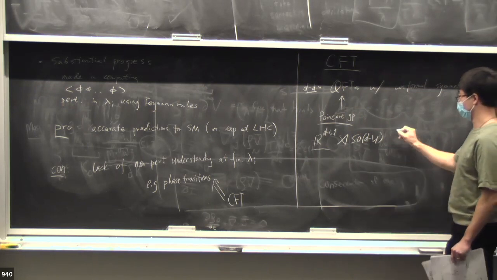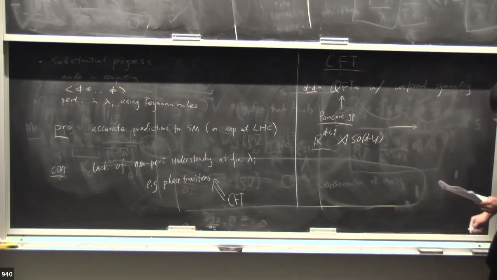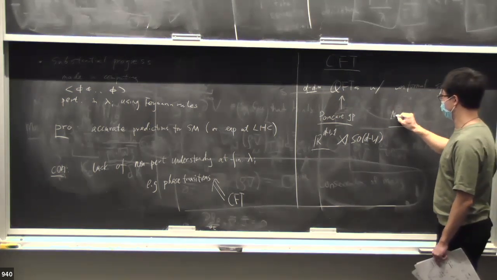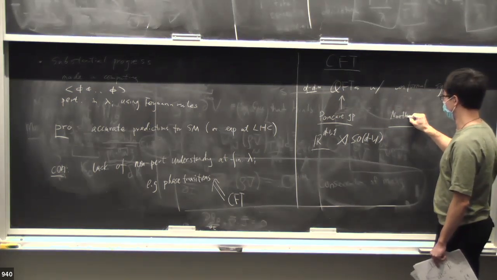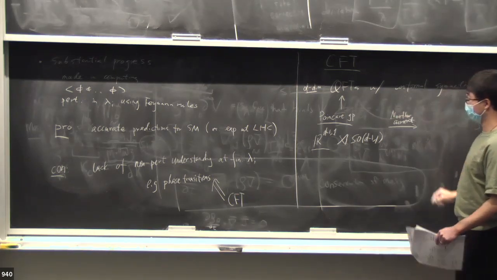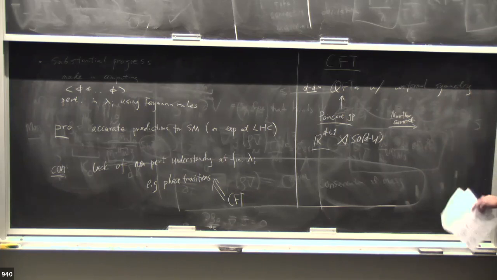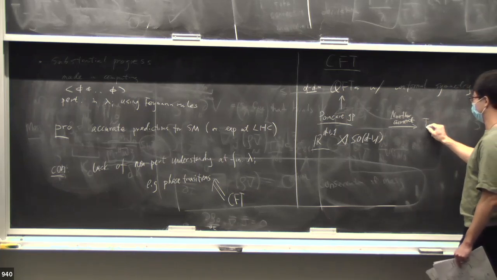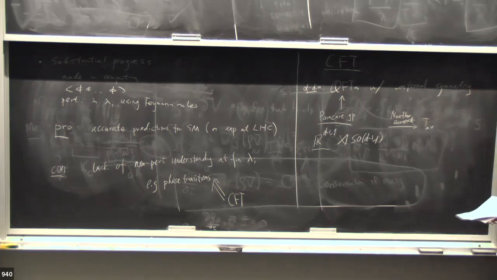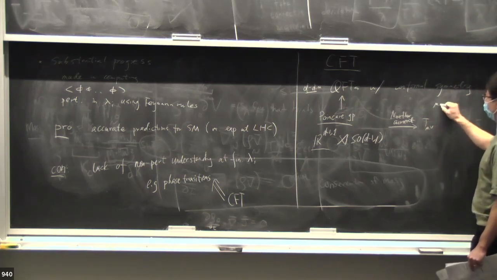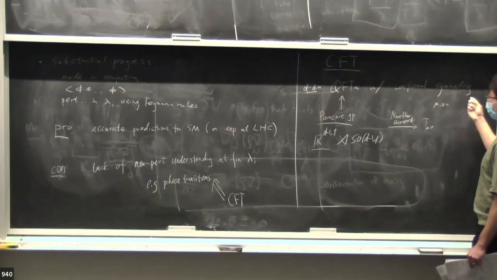And as you have learned in classical mechanics, whenever you have a symmetry, there's a Noether current. In the case of the Poincare symmetry, the Noether current is given by an object with two indices in the space-time, where mu and nu represent the space-time indices.